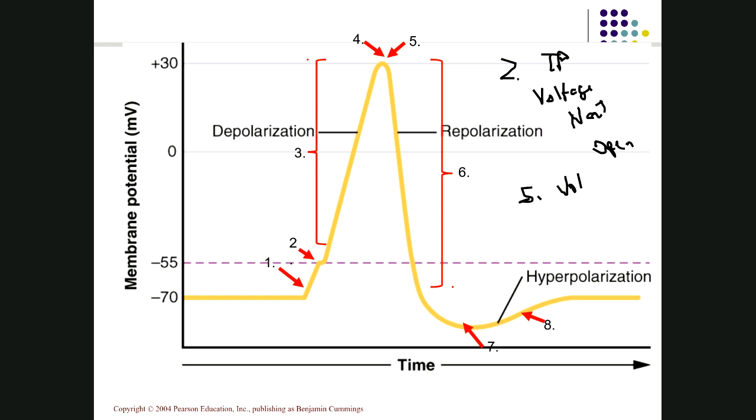Voltage gated potassium channels open. And if you do this multiple times, it just gets easier and easier to do. But you need to practice it. So you need to use this graph, something like it, and practice, because you will see this on quizzes and on exams.